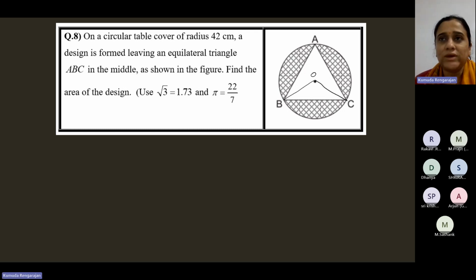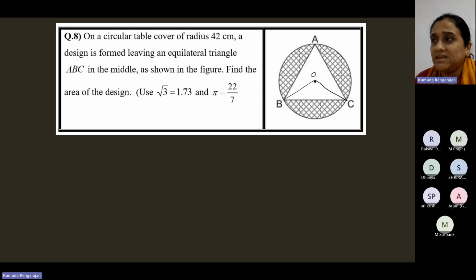ABC is an equilateral triangle, meaning all the three sides are equal. The sides of the triangle are chords to the circle. AB is a side of the triangle and a chord to the circle. Similarly, BC and AC are chords to the circle.